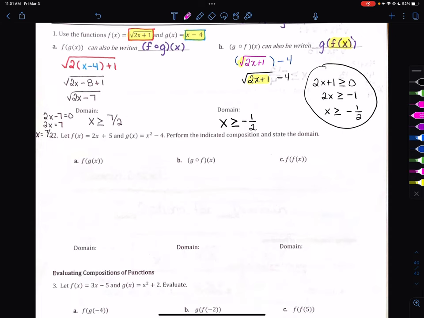Well, first off, I'm gonna notice that f of x is 2x plus 5. G of x is x squared minus 4. All right, I'm gonna go ahead and find the domain for each of these. So 2x plus 5.